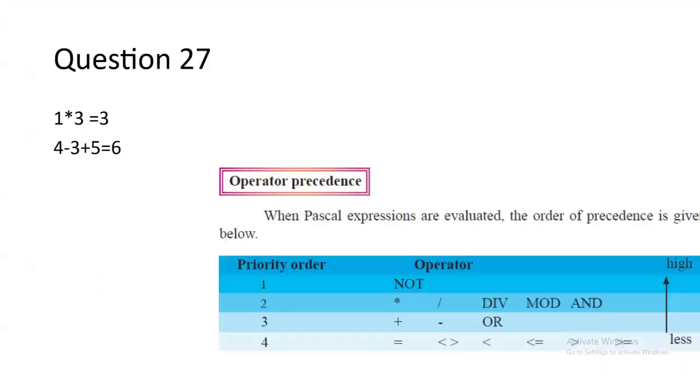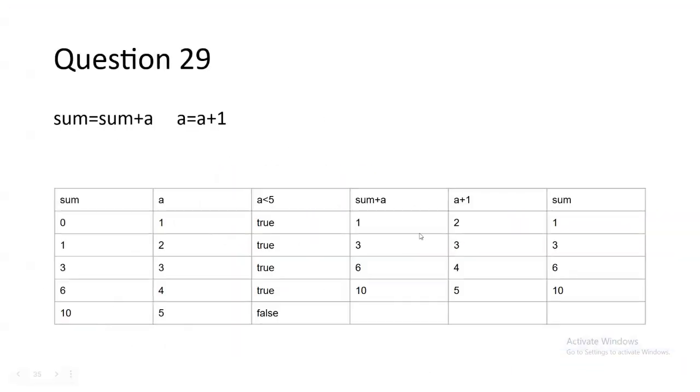I have done a very detailed working, but you don't have to do this kind of working. So the check will be this. A is less than 5. Now, for example, in the initial case, sum is 0 and a is 1. And you check the condition. Condition is true. So you add 0 and 1, right? A will be incremented by 1 and the sum answer is 1, right?